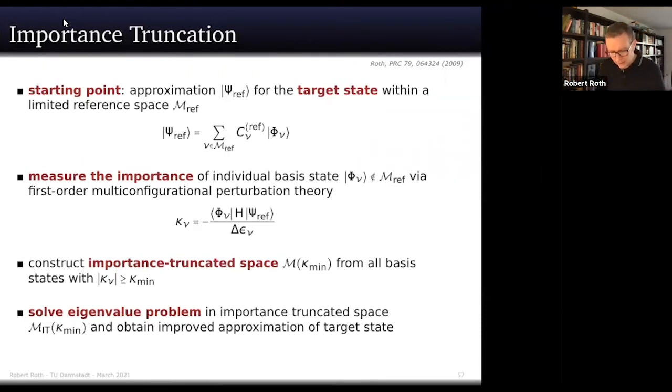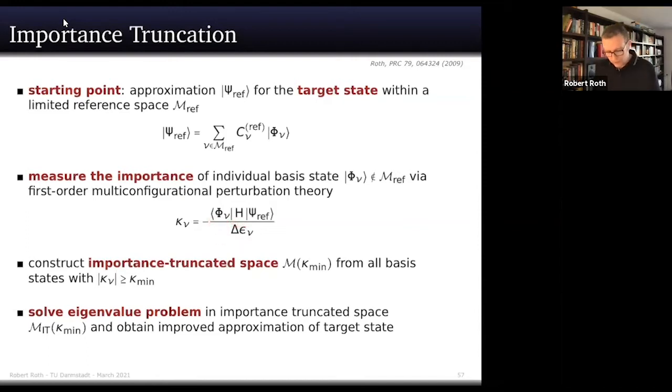And then you use that and combine it with simple perturbation theory. You all know that from your quantum classes. The coefficient for a first order correction to the states in perturbation theory is simply given by the matrix element of the unperturbed state, which is the reference state in our language, the state which you are probing, where you want to decide whether to keep that or not, and the Hamiltonian, and the whole thing divided by an energy denominator.